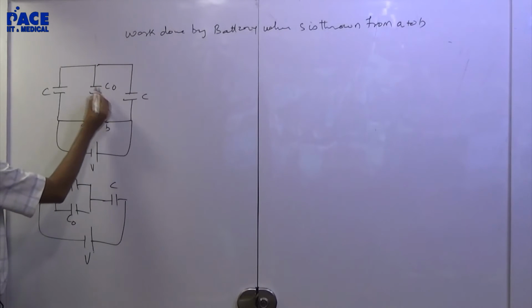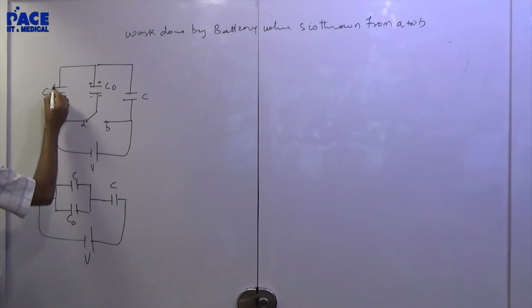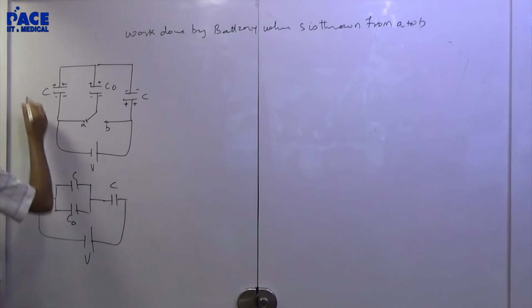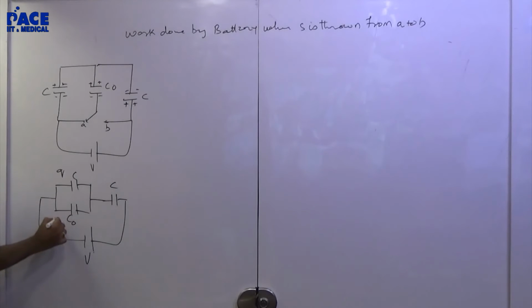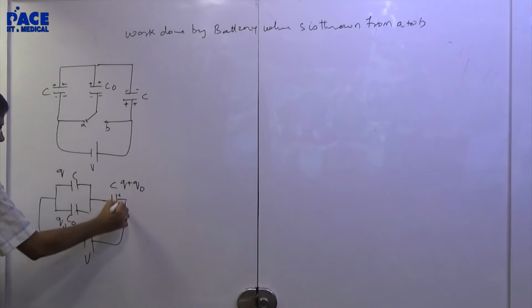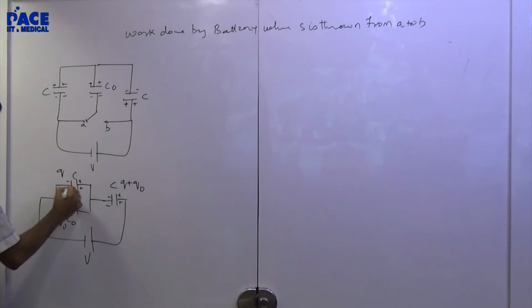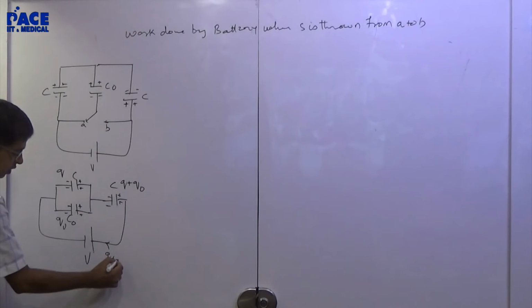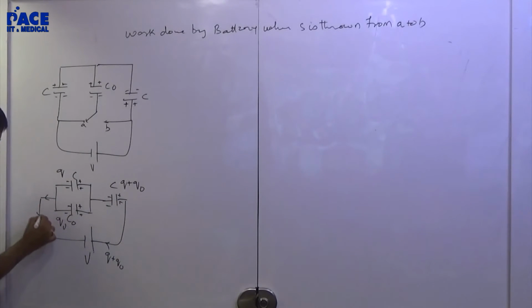But first of all, this will be negative, positive, negative, positive, positive, negative. I will take the charge on this to be Q and Q naught. Charge on this will be Q plus Q naught. Positive, negative, positive, negative, positive, negative. Q plus Q naught charge is pushed by the battery.